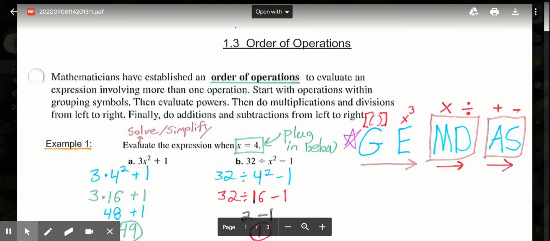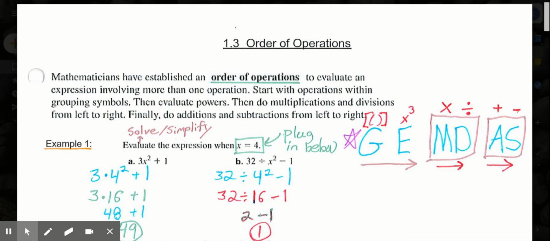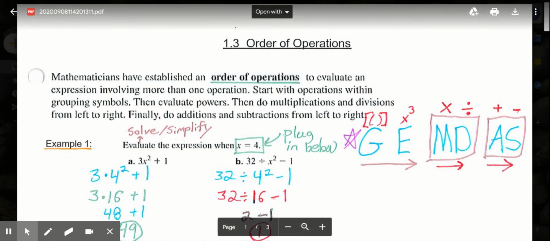So before we go into example 1, I'm going to explain this diagram I drew here for the order of operations. What we want to remember is, again, for GEMDAS, we always start looking for grouping symbols. The grouping symbols tell us the math inside must be done first. Then once we've taken care of the math inside the grouping symbols, we move into our exponents or powers.